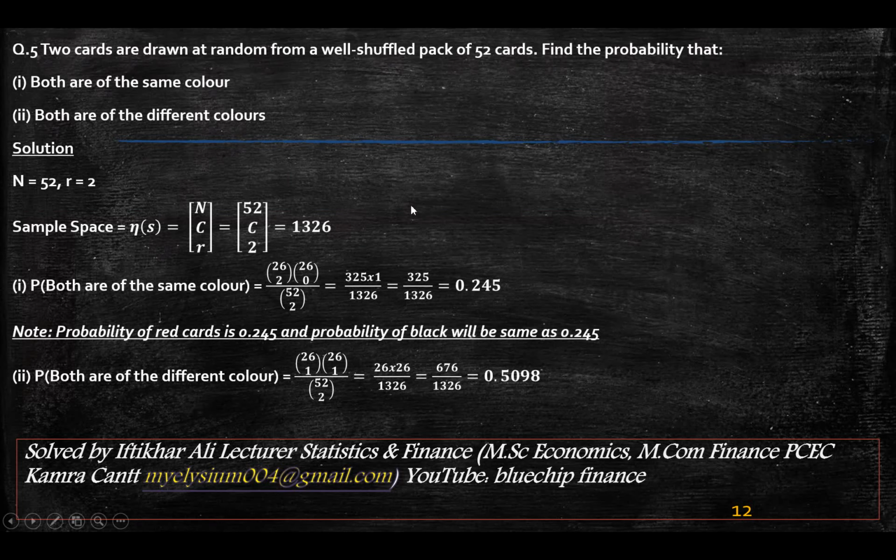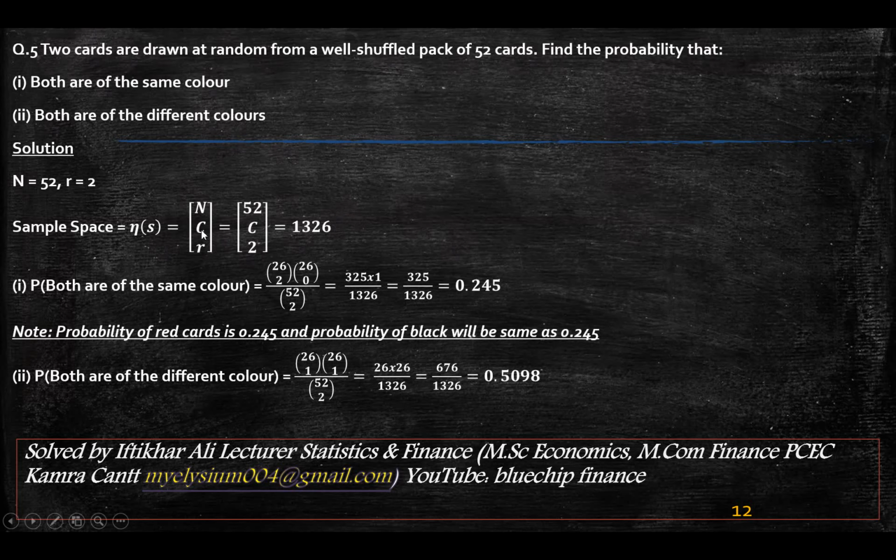So sample space can be obtained through the combination method. nCr, where uppercase N is the total number of cards and r is the draw. We are drawing two cards here, so 52C2.